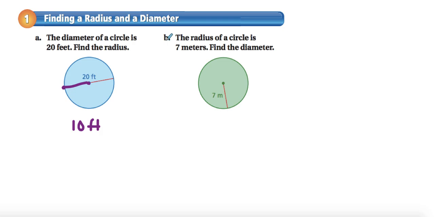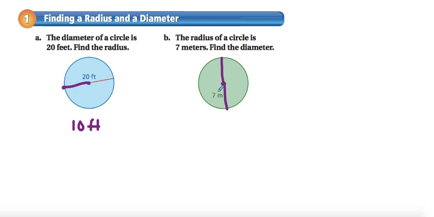For problem B, the radius of a circle is 7 meters. Find the diameter. So given the distance from the center to the point on my circle, I can use this information to find the length from one point on my circle to the other point. I want to find this entire distance.